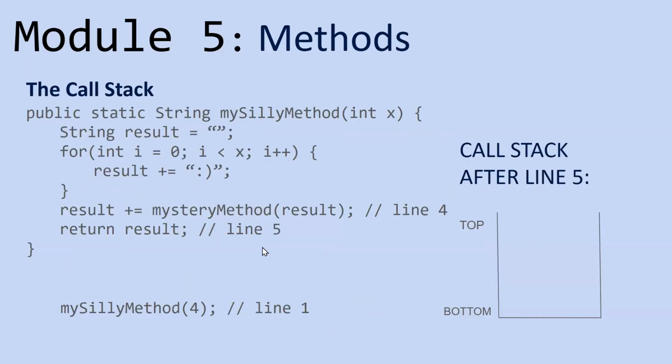Now we finally finished line 1, and this call for my silly method would just have that final result string. As you can see, this line technically doesn't store that anywhere, but if we wanted to actually use the value we just created, we would need to store that. But this is just an example to show how the call stack works.